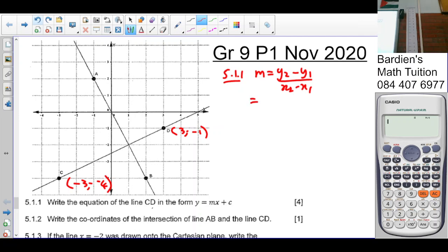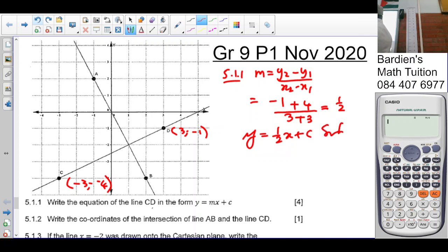So it's going to be minus 1 minus minus 4 over 3 minus minus 3. That's going to give us 3 over 6, which is half. So the gradient of this line is half. So y is equal to a half x plus c.